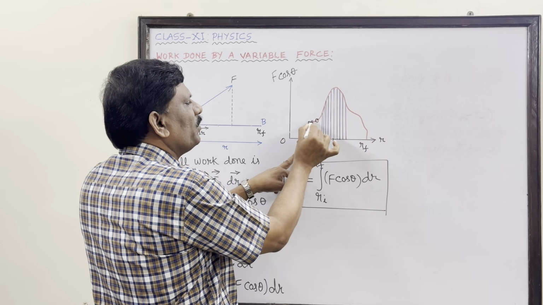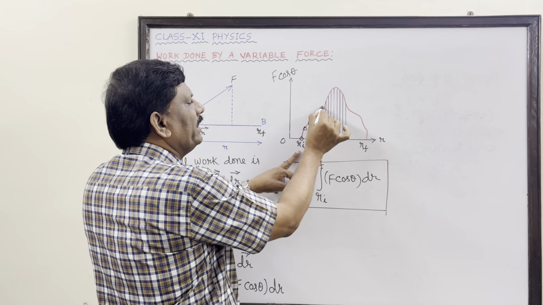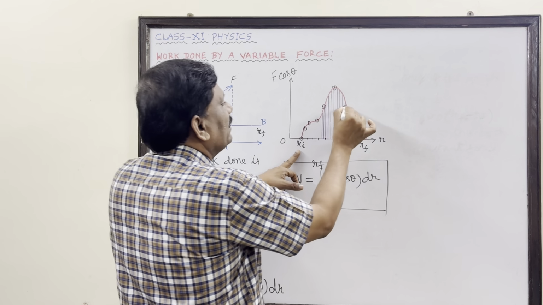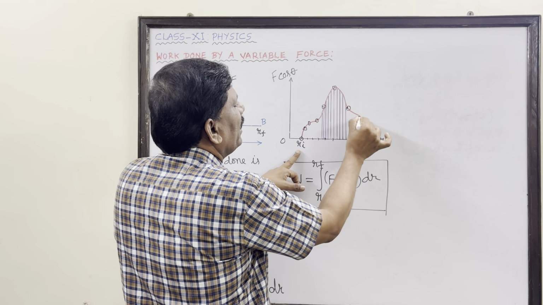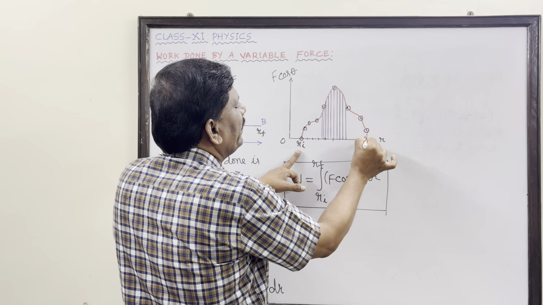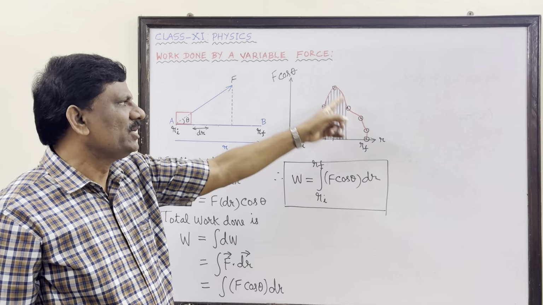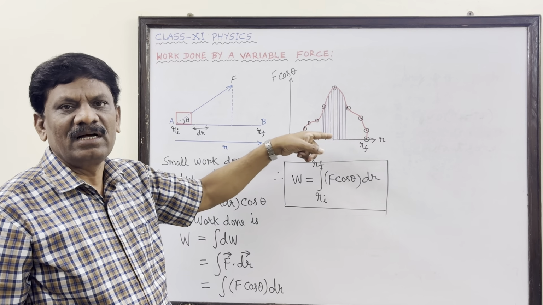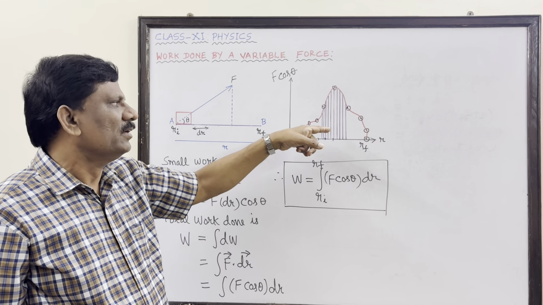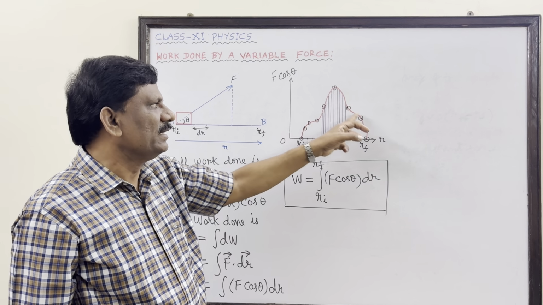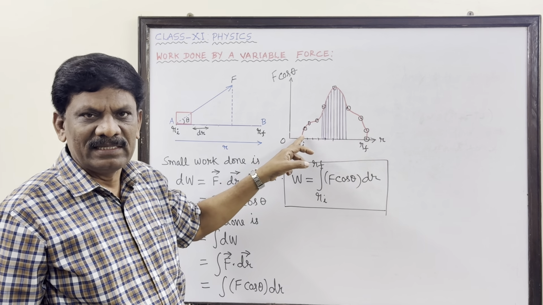Then in this portion it is almost constant, then again it is increasing and it has reached the maximum, and then it is decreasing like this, and finally it comes to 0. So such a force whose magnitude is always changing is called a variable force. In such a case, you can join all the points and get a closed curve like this.